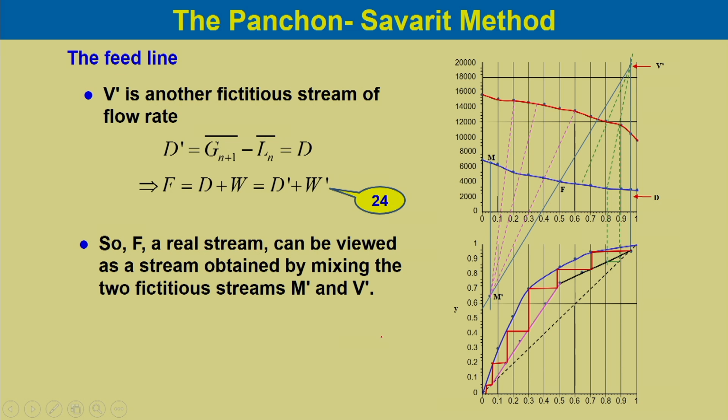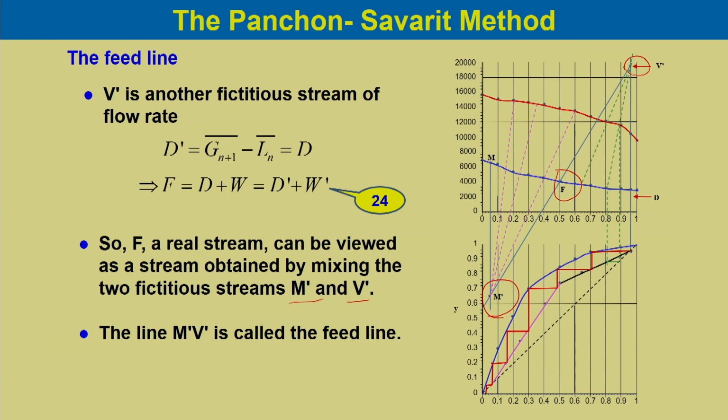If a real stream can be viewed as a stream obtained by mixing two fictitious streams, that is M dash and V dash, then this F can be viewed as a mixture of M dash and V dash, two different streams mixing together to obtain F, a real stream.